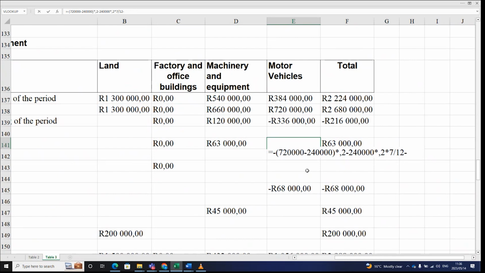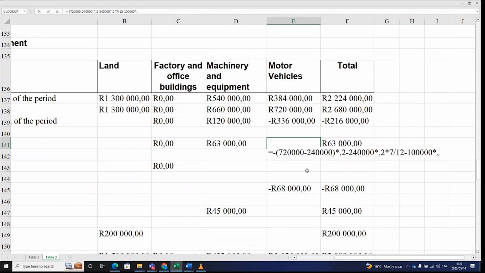We would add the depreciation of the new asset. So we'd take that cost multiplied by 20% and then multiplied by 5/12, because that's how long the new asset will be depreciated for. And then that would give us the depreciation for the current year.